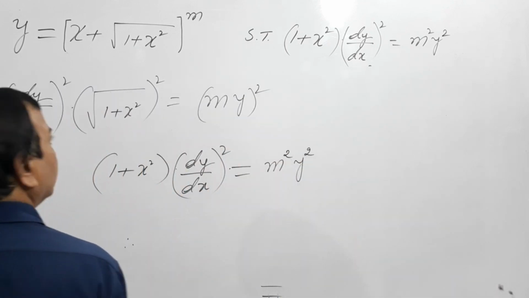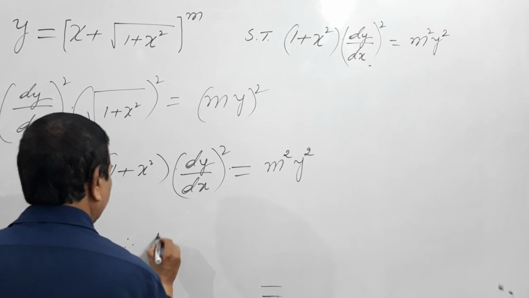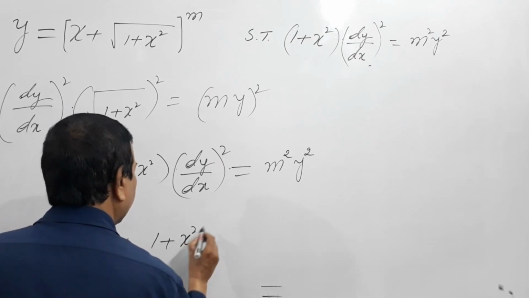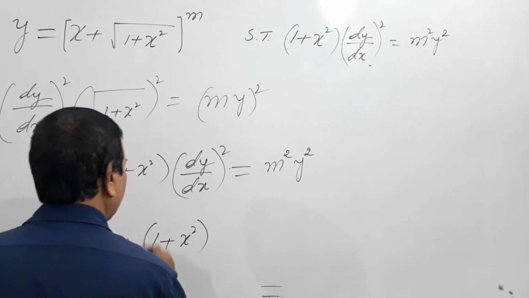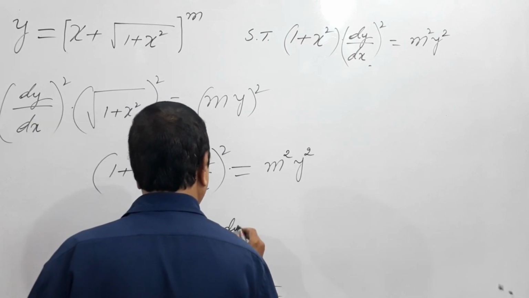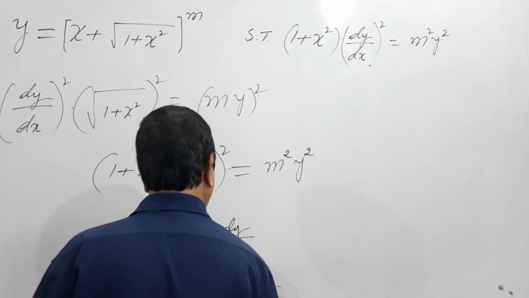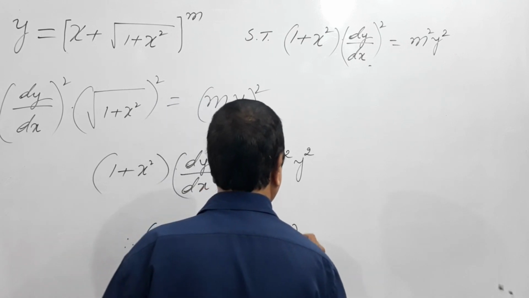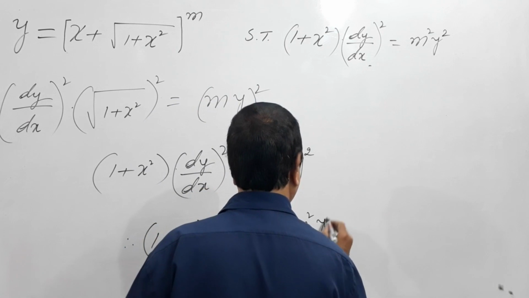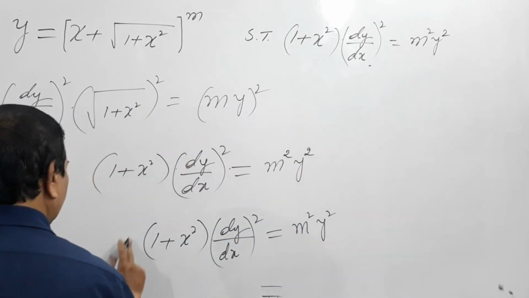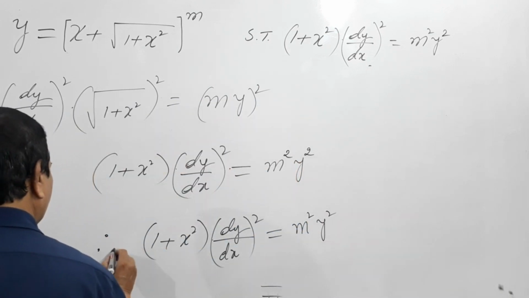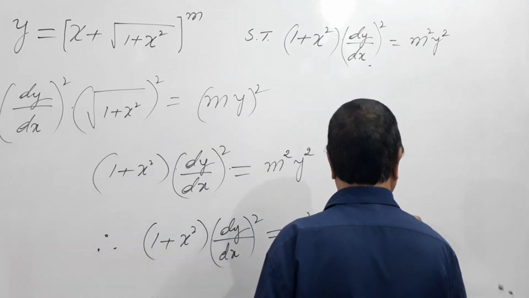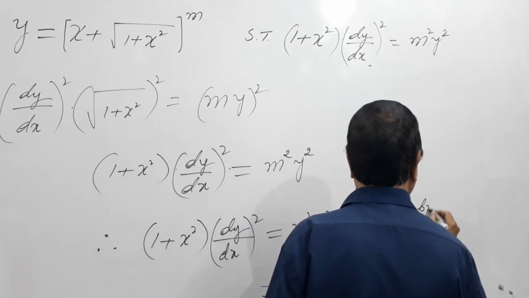Therefore, 1 plus x square into dy by dx the whole square equals m square into y square. Hence, proved.